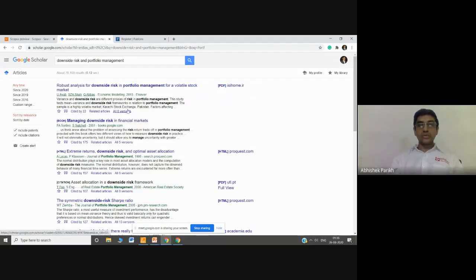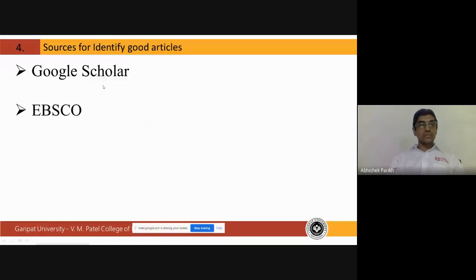Whenever you're looking at any article in Google Scholar, just check for the publisher elsewhere. So yes, it is Scopus listed, right? So a good publisher should be there, and then you can click on that particular article. If it is available, you can directly download. If it is not open access, you need to identify some e-library from where you can get that particular article, and then you can further work upon your research, right?